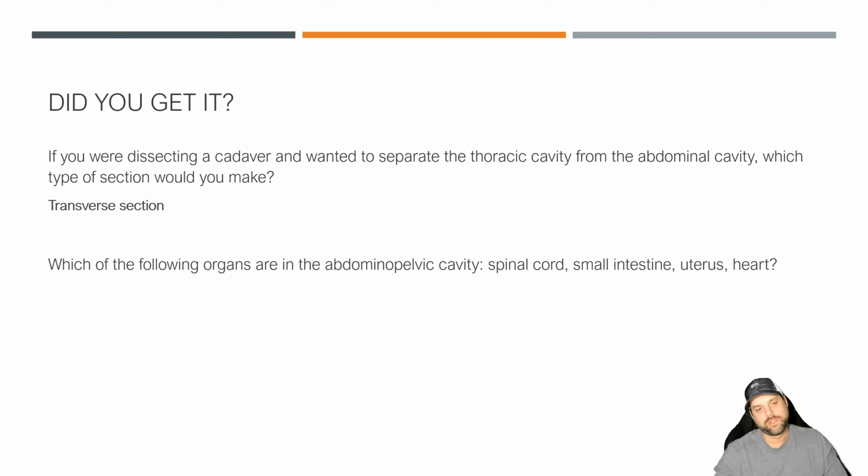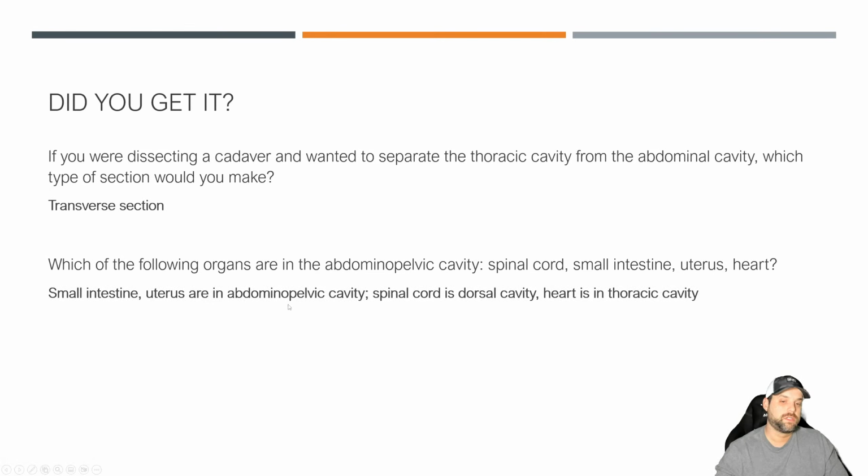Next question: which of the following organs are in the abdominopelvic cavity? Spinal cord, small intestine, uterus, or heart. It can be more than one. I'm going to say small intestine and uterus.